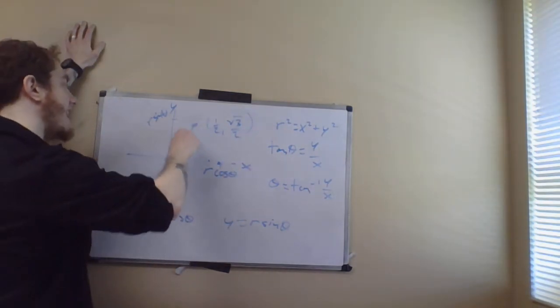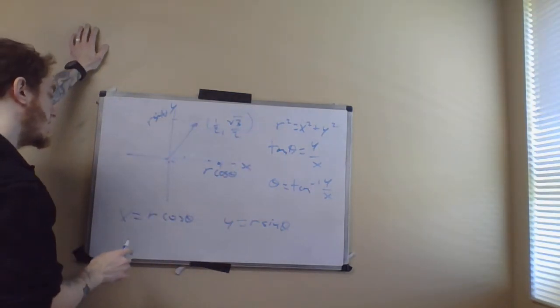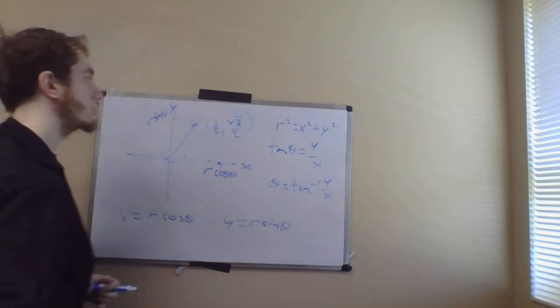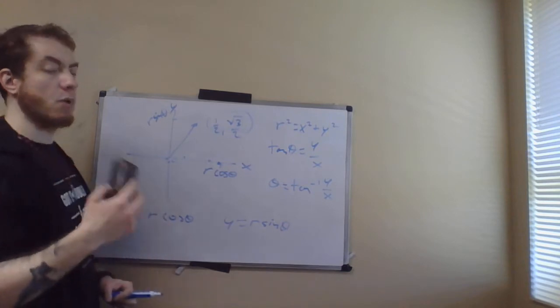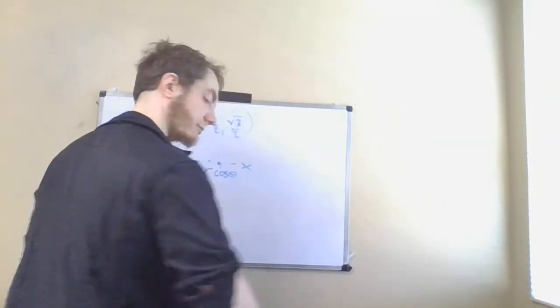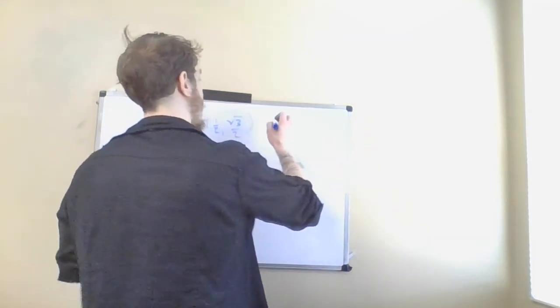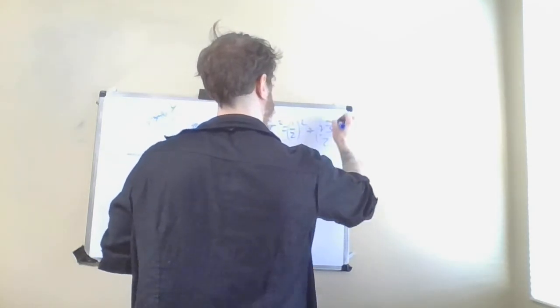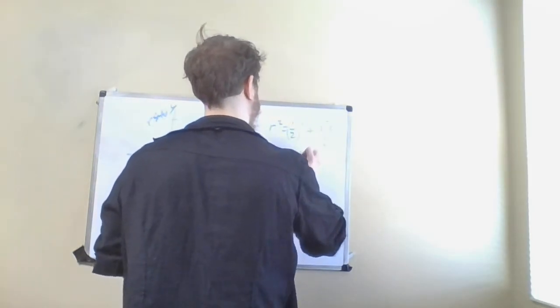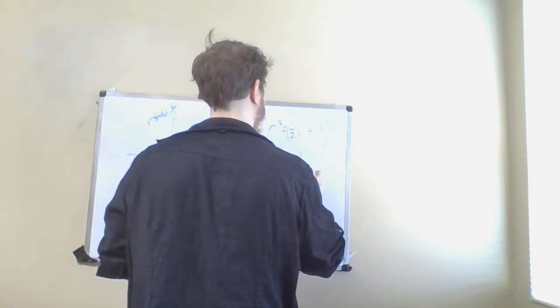Well, then what I can say is that the radius here is going to obey r squared equals (1/2) squared plus (radical 3 over 2) squared. Now, when I write that down, what we're going to have is r squared equals 1. This means r is plus or minus 1.